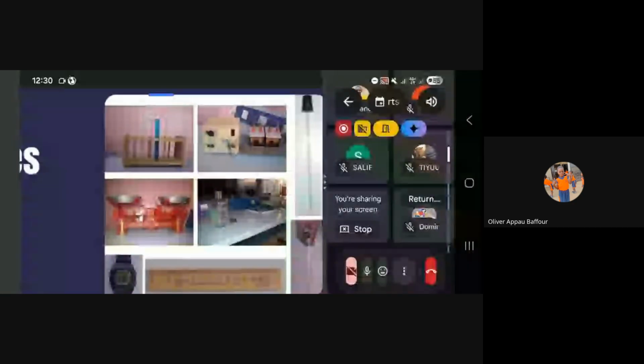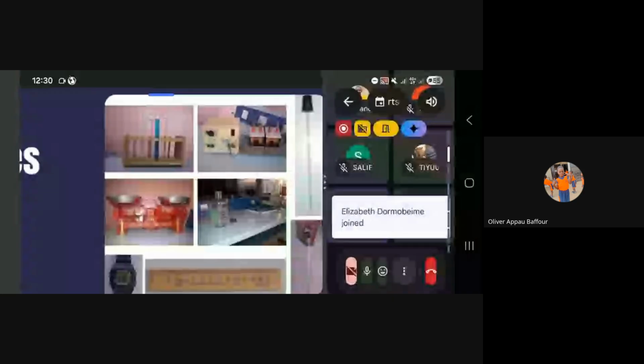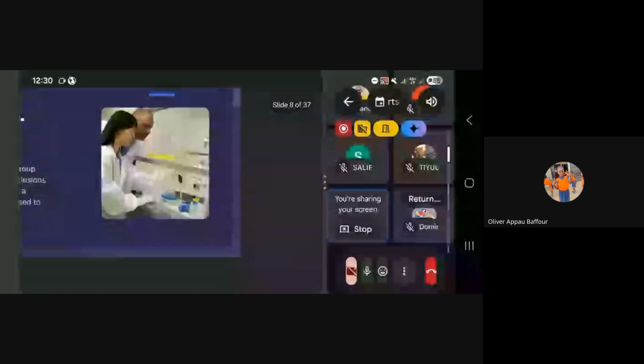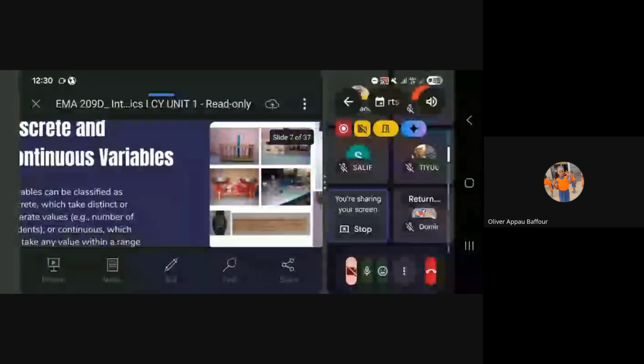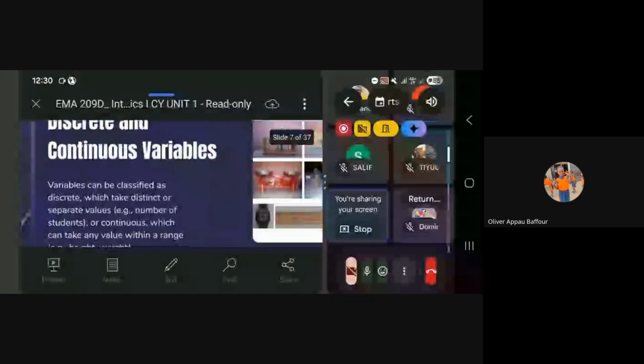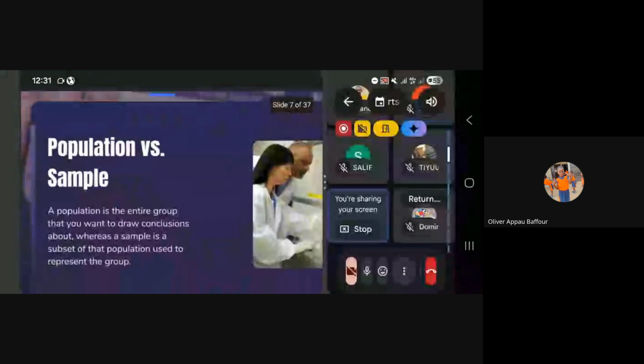So I love the fact that these images were attached. When you use these pictures in the classroom, you bring the point home. Your students get to know what you're actually talking about. So when you are preparing to go to class to teach them, do not ignore these images. And when you see them in the slides, please try and add them onto your answers that you will give. Thank you very much. So I think now we've come to see so far what descriptive statistics are.